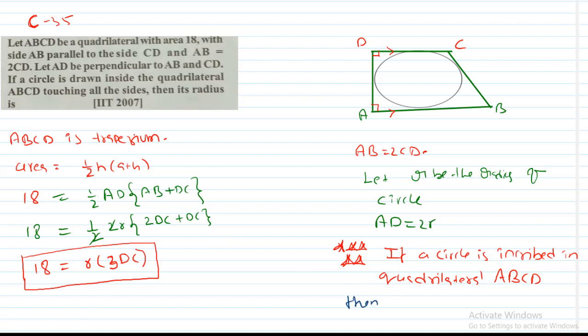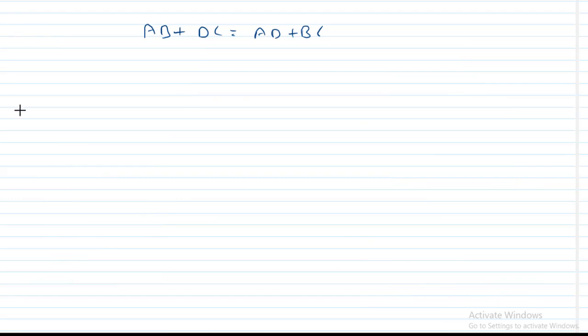This is a basic theorem, easily proved. Students, AB means 2DC, DC means DC, AD means 2R, plus BC which you don't know, leave it. So 3DC equals 2R plus BC.